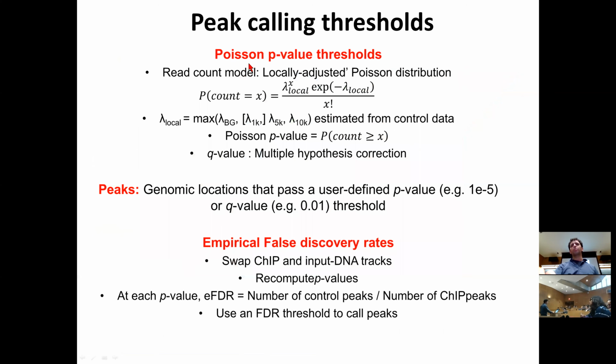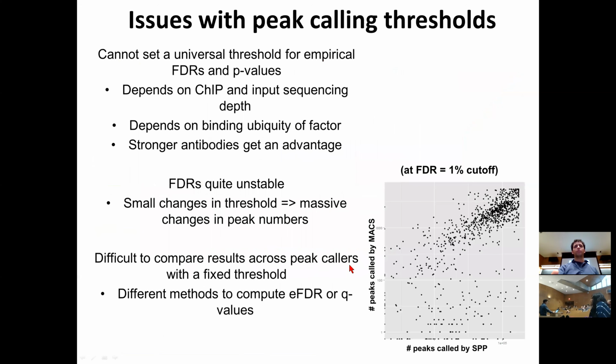They assume some kind of Poisson distribution of reads from the genome. And then you can adjust that locally and call peaks when this Poisson distribution exceeds a certain threshold, which indicates that reads were probably sampled from that location at some higher frequency. And then you can calculate that frequency.